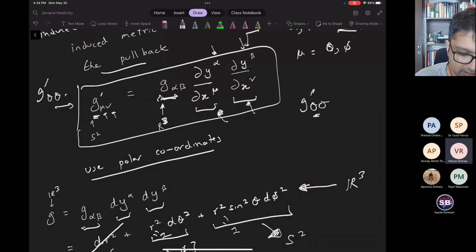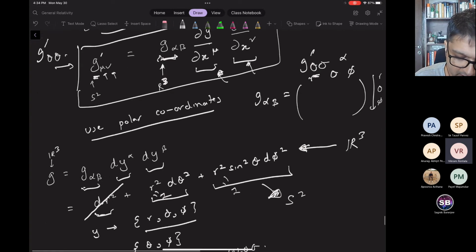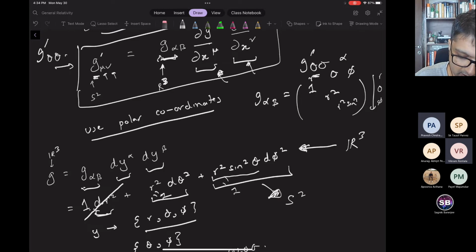Then all I did was to define a matrix g alpha beta in R3, where alpha and beta run over r, theta, phi. So now I give you the entries of this matrix, and they're easy to find from here. The coefficient of g rr is 1, so that goes here. The coefficient of g theta theta is r square. The coefficient of g phi phi is r square sine square theta. So that goes here. All other entries are zero.